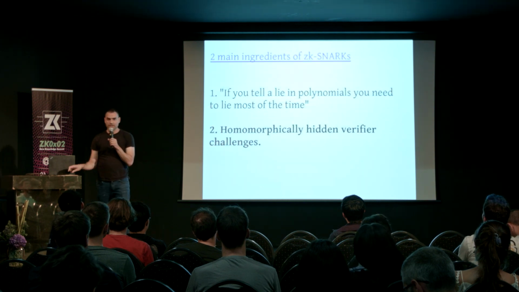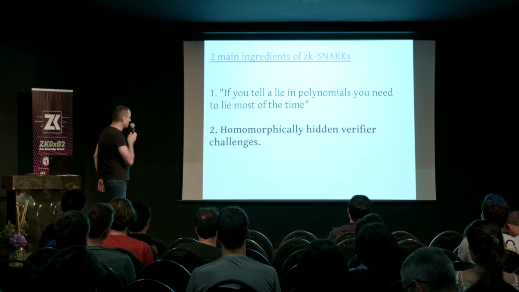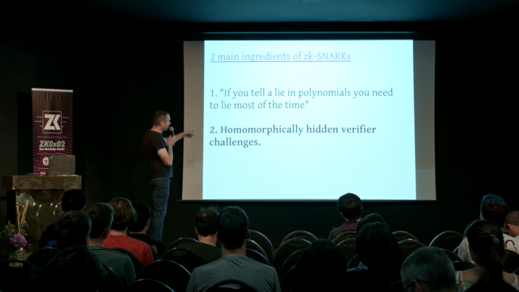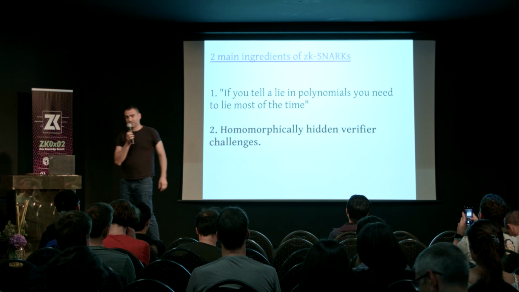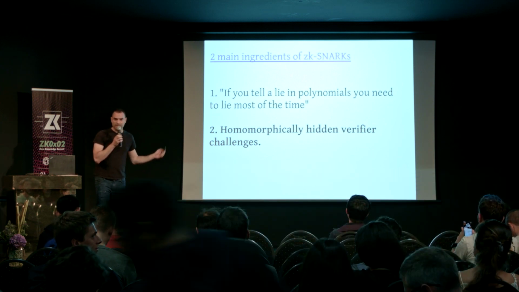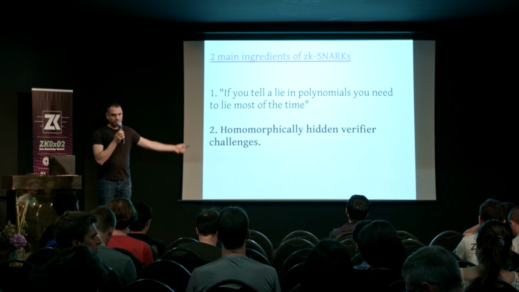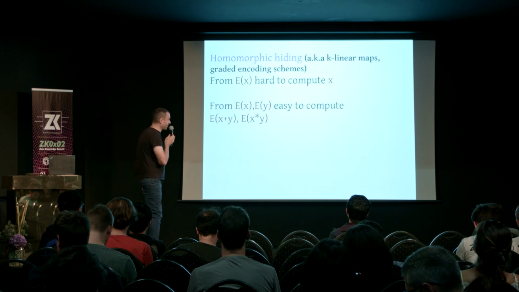All right, so that's the first ingredient, and the second main ingredient in SNARKs is what we can call homomorphically hidden verifier challenges. And before saying what I mean by that, let me say what I mean by a homomorphic hiding.